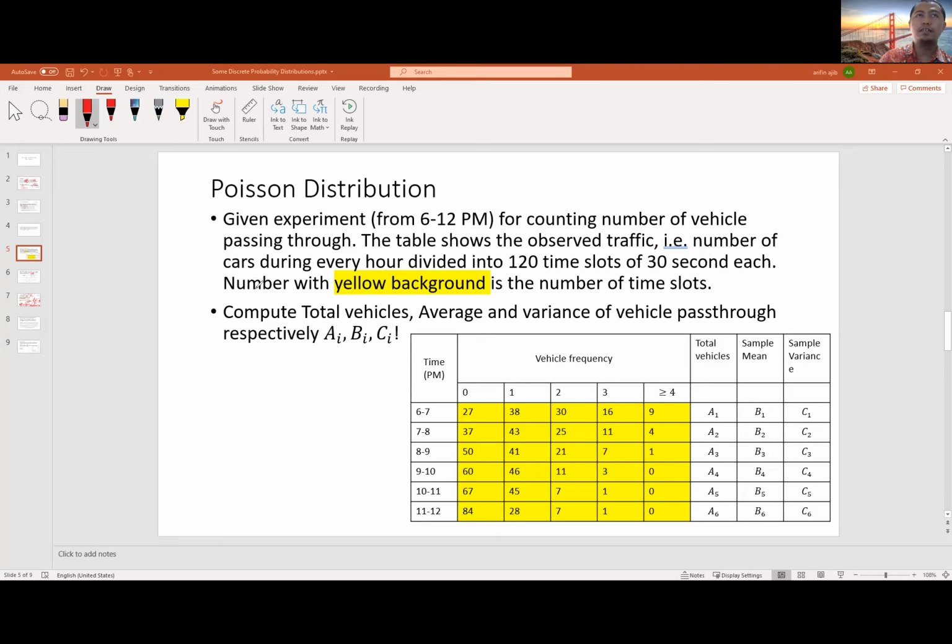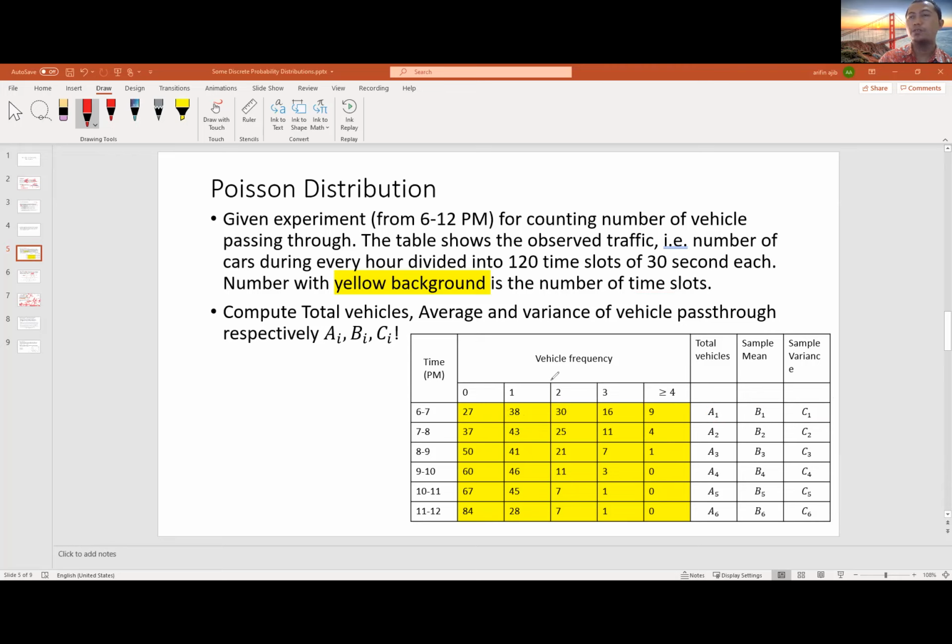The yellow background is the number of time slots. Then we compute the total vehicles in this cell, the average of the vehicles in this cell, and the sample of the vehicles of this cell, given this data in this row, as you can see here.